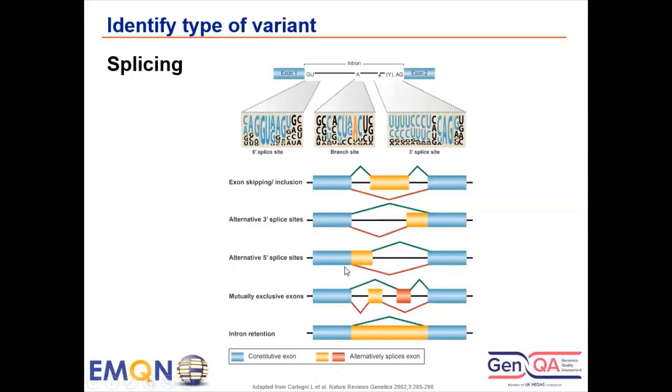There may also be new splice sites that occur within an exon and therefore a part of the exon may be skipped. Another effect that may occur is intron retention. This means that a whole intron may be included in the transcript, or a part of an intron may be included as a kind of pseudo exon.